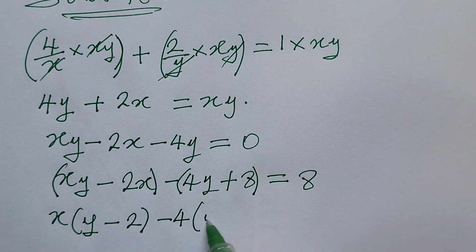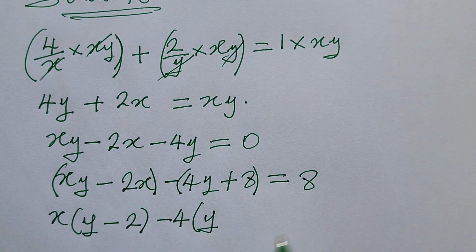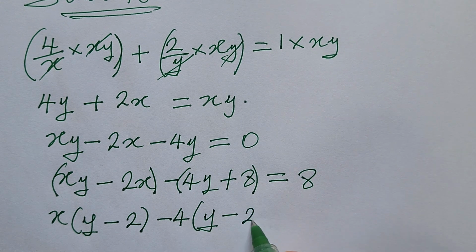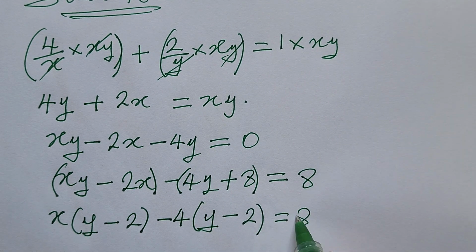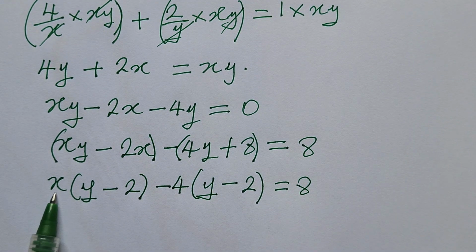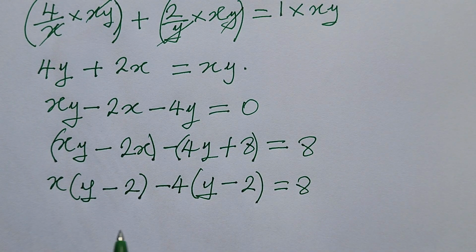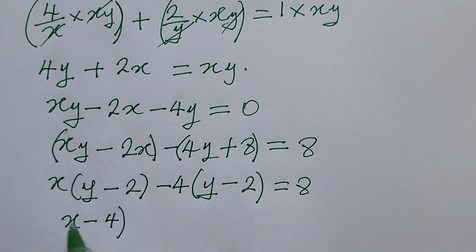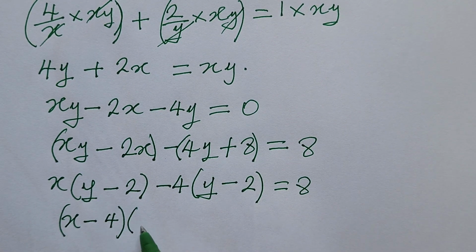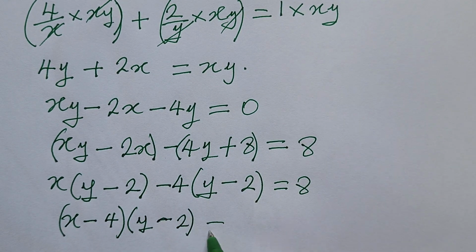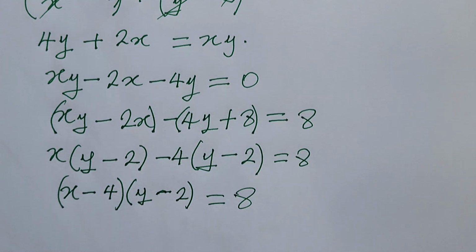This will now give us y minus 2, since minus times minus gives plus, and 4 into 2 gives 8. So like I said earlier, we now have this and this the same. Let's take this one out and this one out together. This is going to give us x minus 4, take one of these, y minus 2, everything equal to 8.